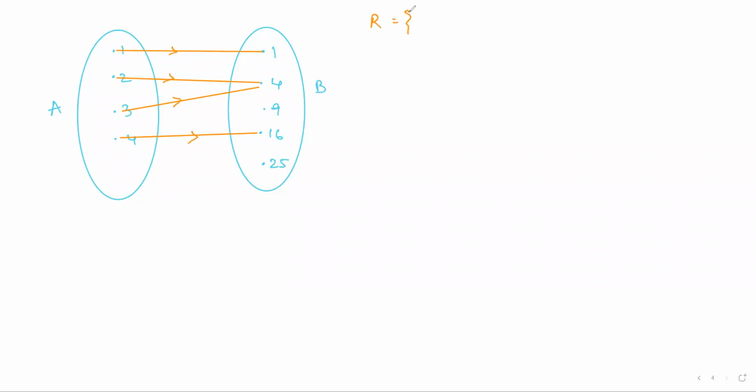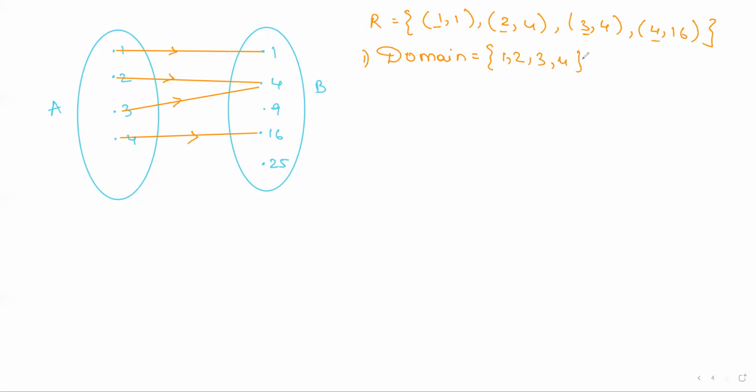The relation R is (1, 1), (2, 4), (3, 4), and (4, 16). Here, the first condition concerns the domain: 1, 2, 3, 4, the first 4 elements, which is equivalent to set P, hence the first condition is satisfied.